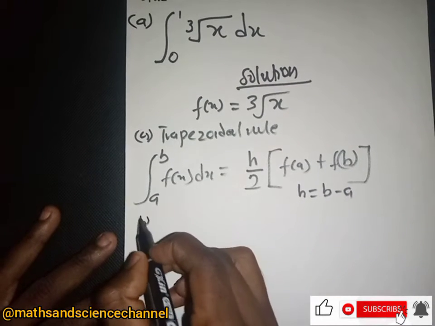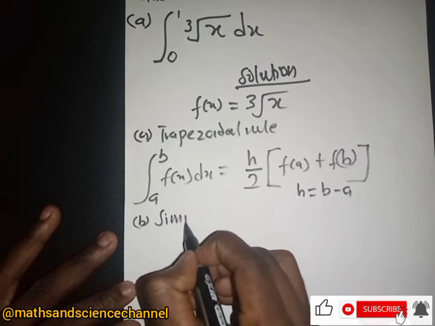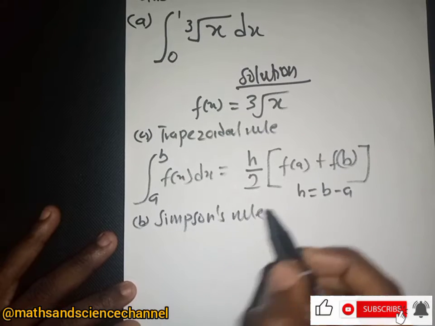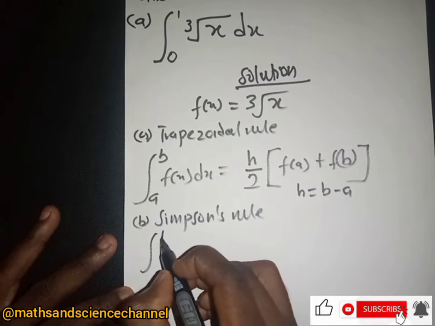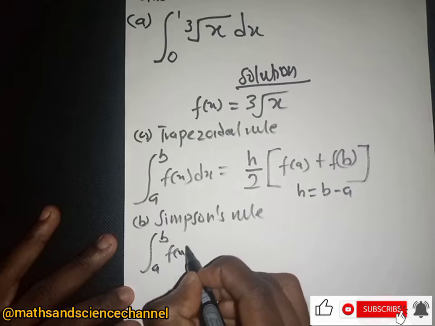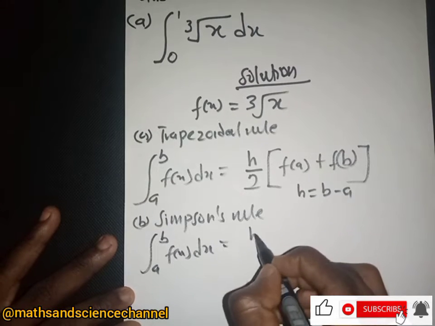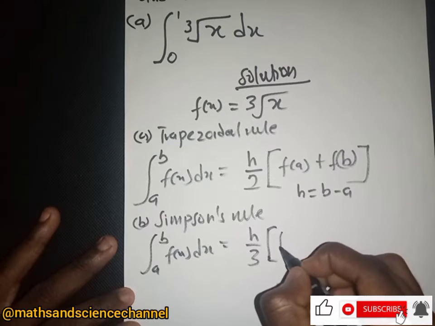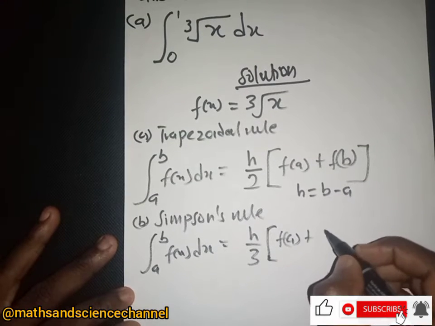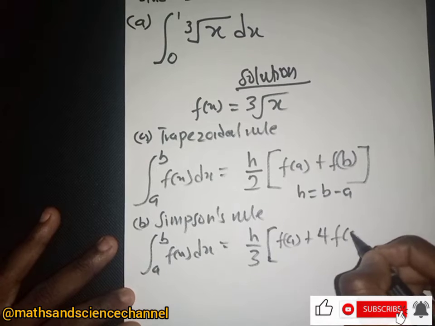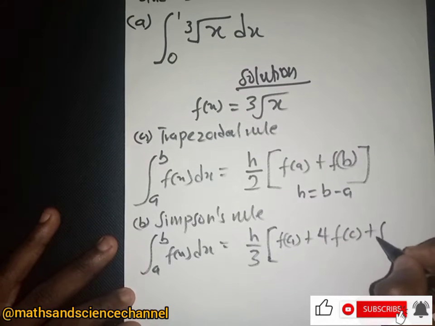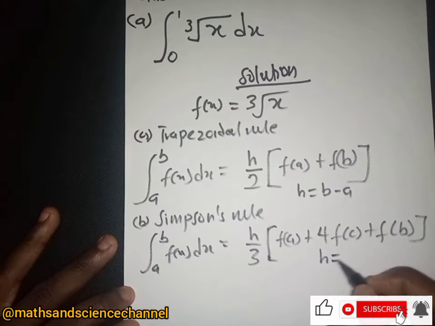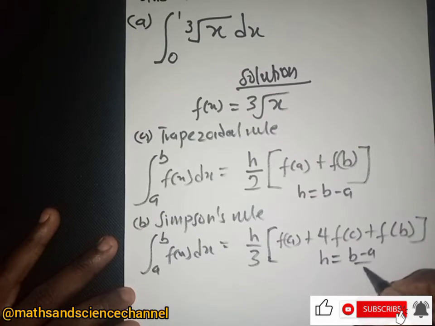Now let's talk about the Simpson rule. Simpson's rule is given by the integral from a to b of f of x dx equal to h over 3, where h is the step size, then f of a plus 4 f of c, then also f of b, where h is given by b minus a divided by 2.